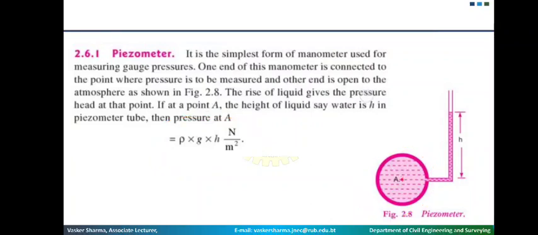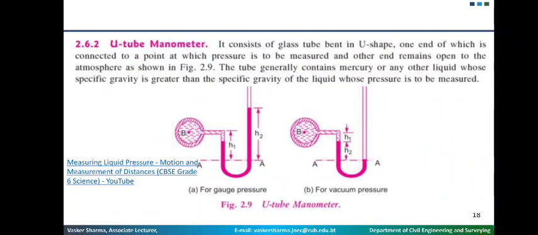Now moving on, we have U-tube manometers. It is called U-tube because of the nature of this tube, which is a U-tube. The black filled part here is mercury.